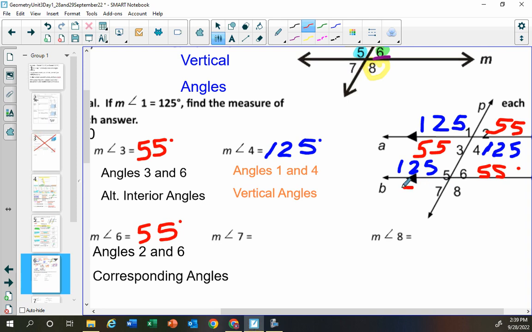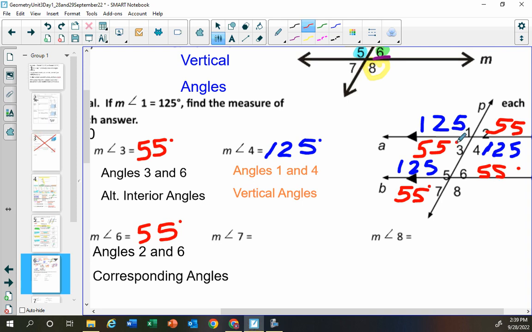Why 55, Richard? Wait, 4 is 125, right? Yeah, 4 is 125. Why is angle 7 55, Richard? There's a pattern. What is the pattern? Well, I know it.